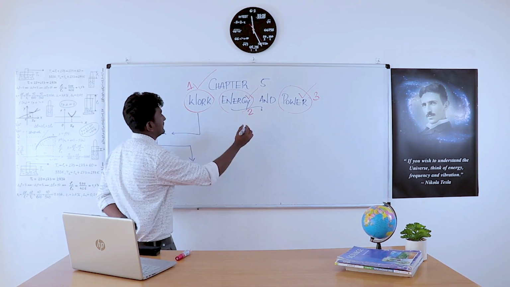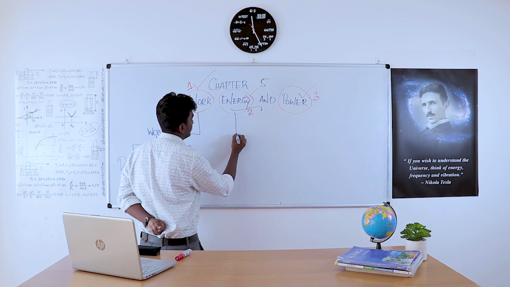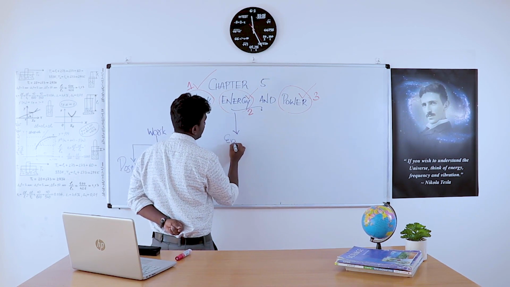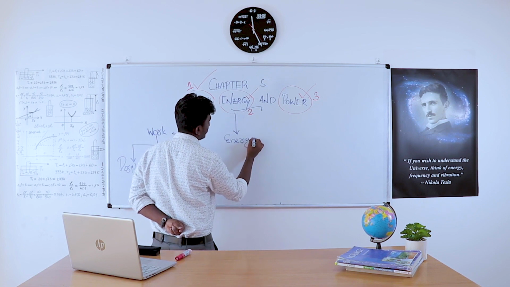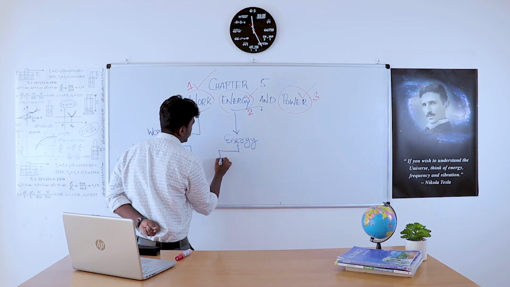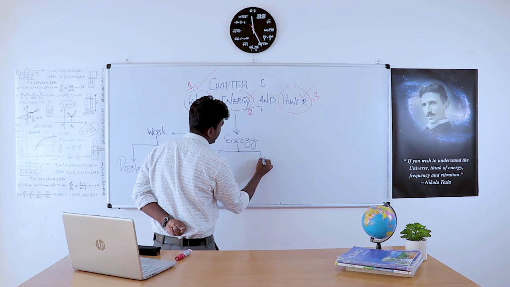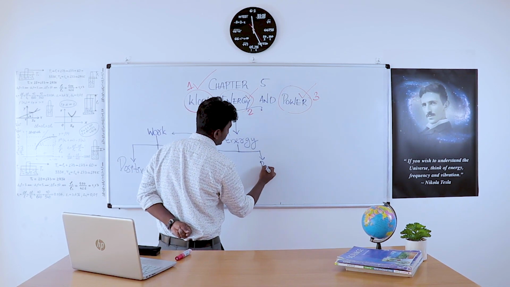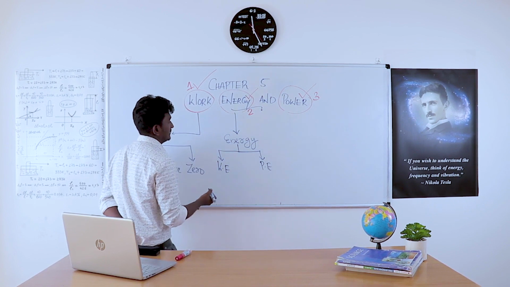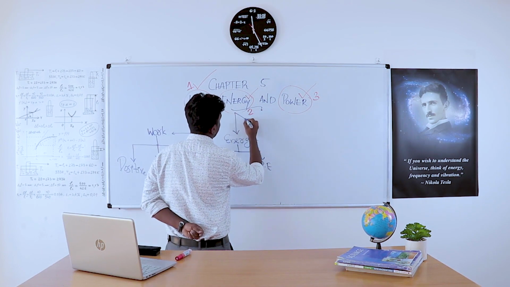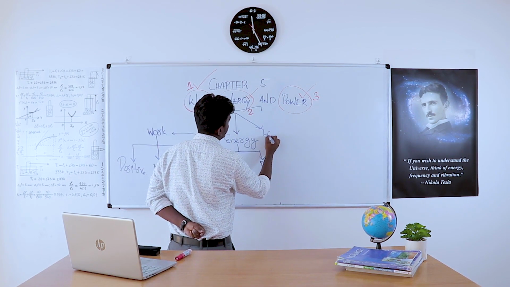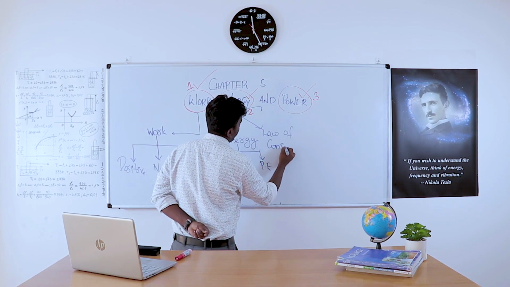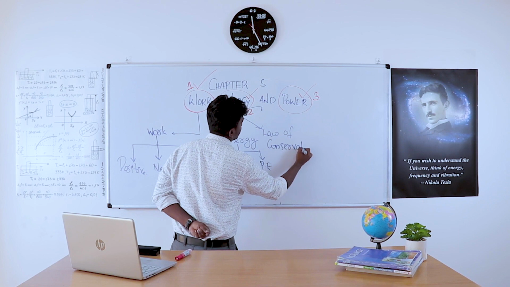In the second section, energy, we explained the term energy and forms of energy. Among these, the most prominent ones are kinetic energy, potential energy, and then the law of conservation of energy.